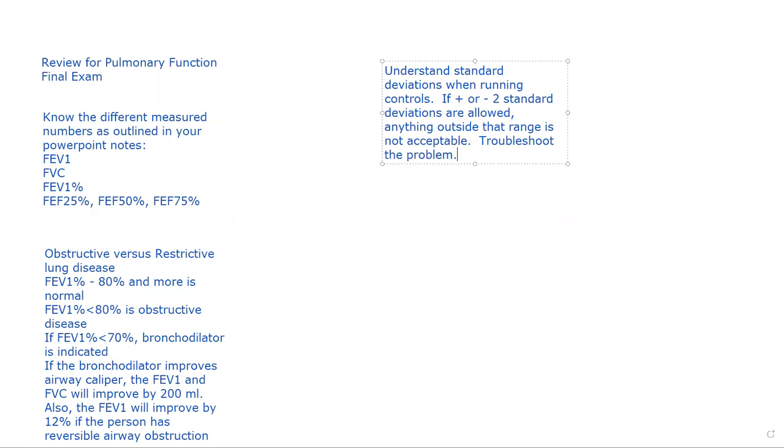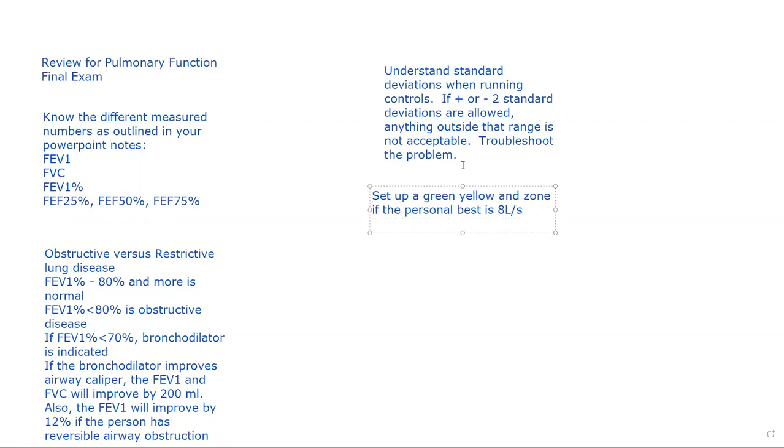All right, the next thing on the list of review for the final exam is to set up a green, yellow, and red zone for an asthmatic. Say the patient's personal best is 8 liters per second, so that becomes 100%.